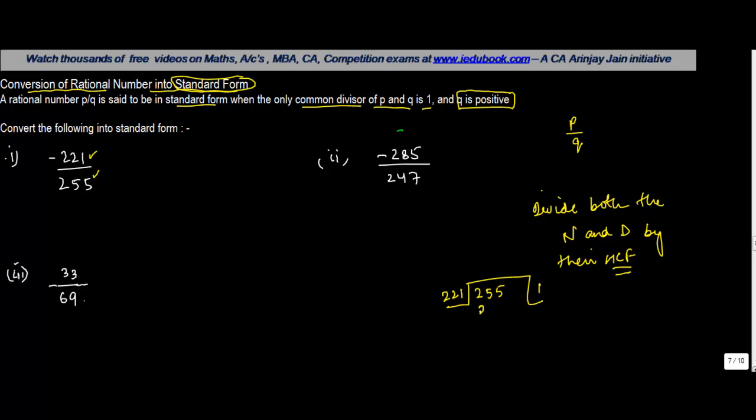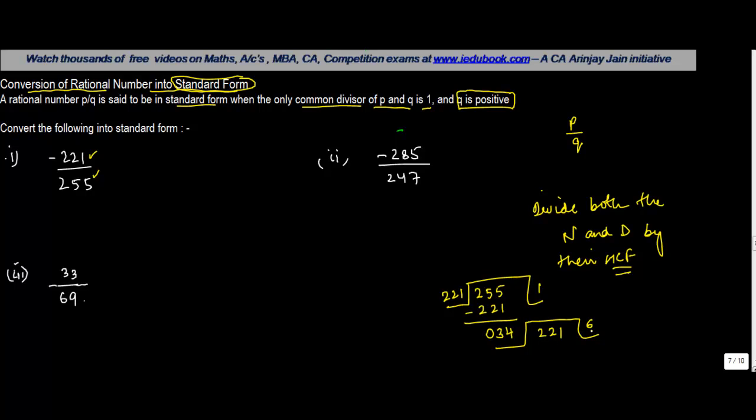It goes one time, 221, minus sign, 5 minus 1 is 4, 5 minus 2 is 3, this is 34. Since this is non-zero, we now make 221 the dividend and 34 the divisor. 34 will not go into the first two digits, so we take all three.